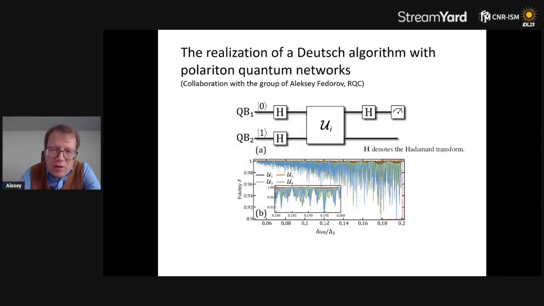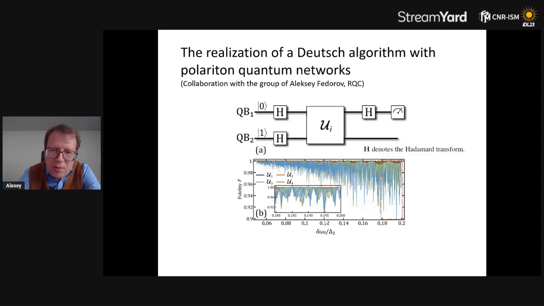So then we are looking further. We are looking for a universal quantum computer and realization of simple algorithms. So the programmable quantum computer, and the simplest one is the Deutsch algorithm that doesn't require many qubits, just a few.